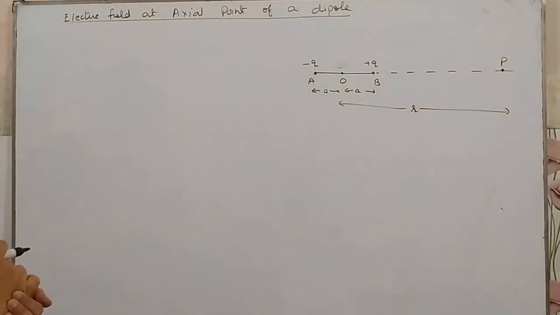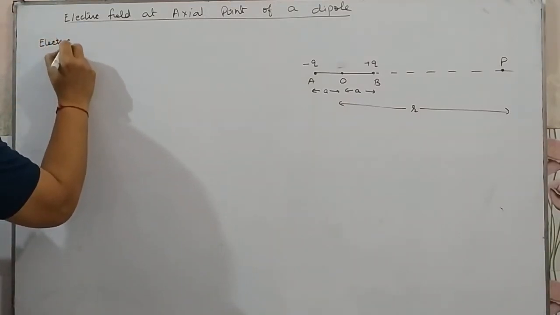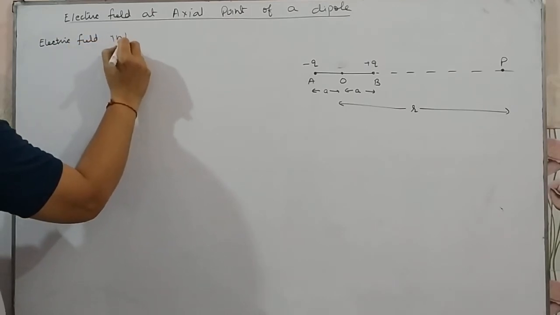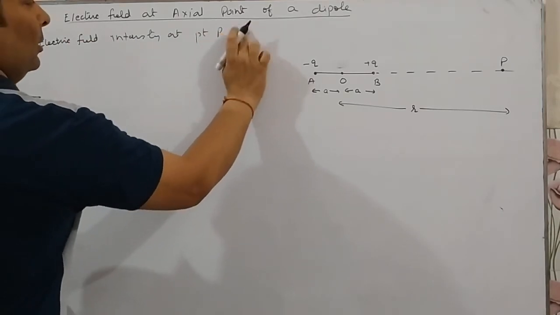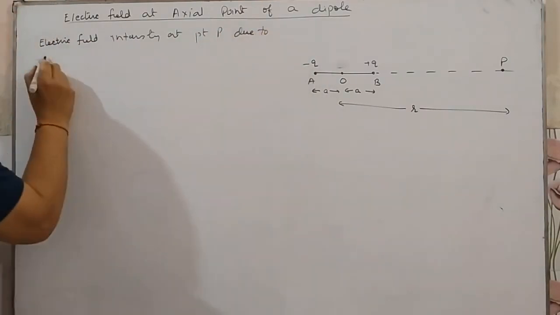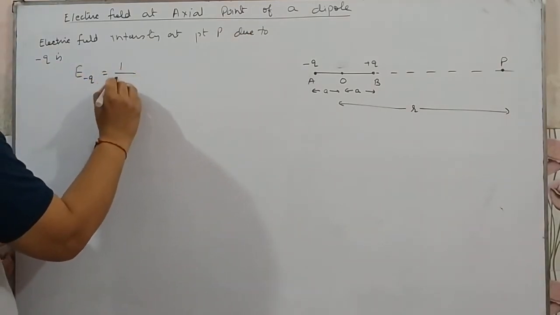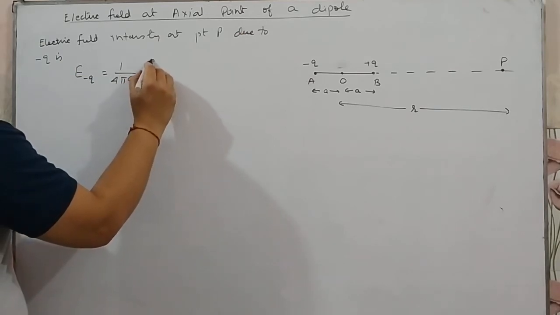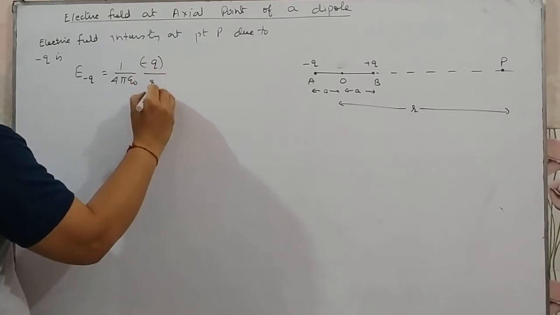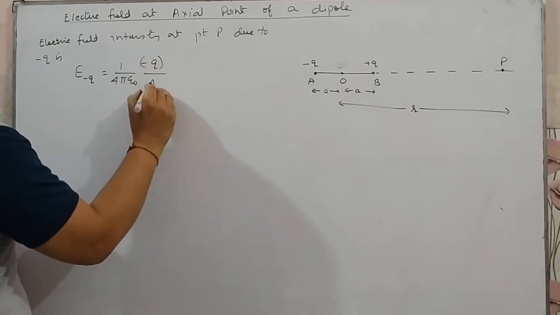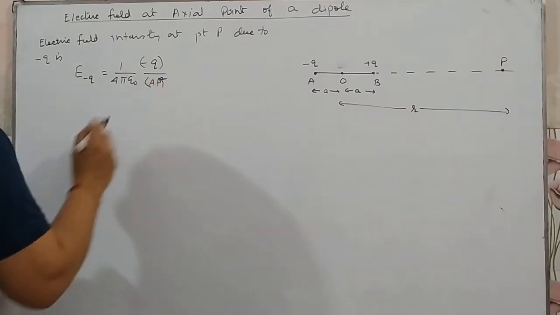Okay, so let's start. We have the electric field intensity at point P due to minus q. E minus q equals 1 upon 4 pi epsilon naught, q upon AP square.